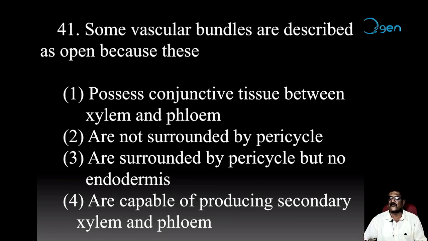If there is presence of endodermis, then it is surrounded, and below that is the pericycle. So that is also wrong. Fourth, are capable of producing secondary xylem and phloem. Open type means cambium is present in between the xylem and phloem. That cambium is capable of producing secondary xylem and phloem. Hence, option 4 is correct.